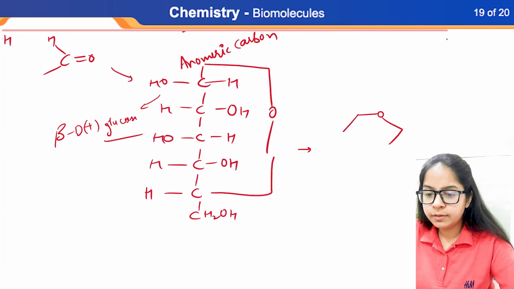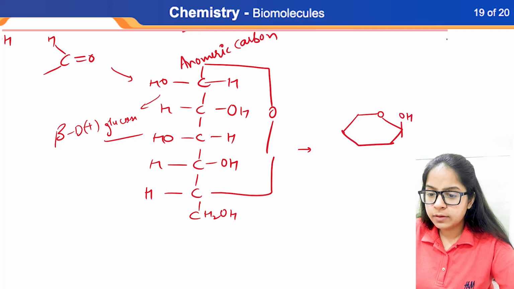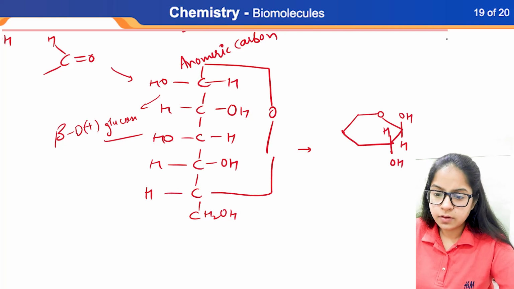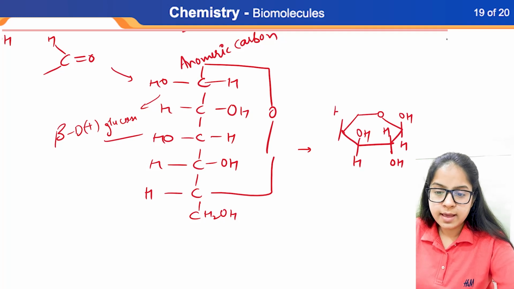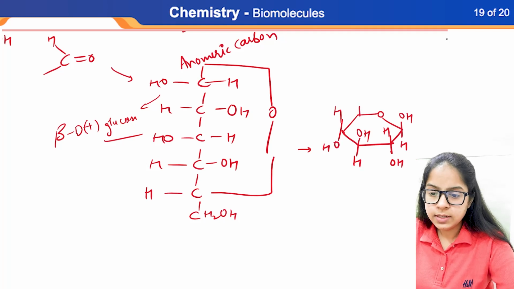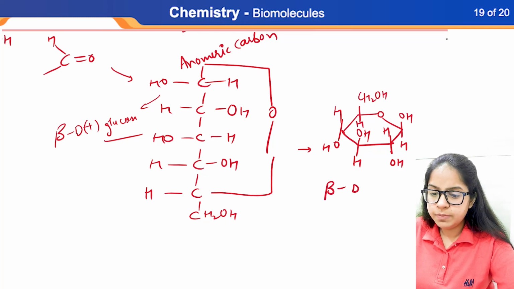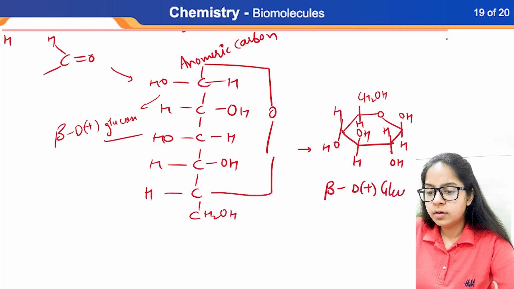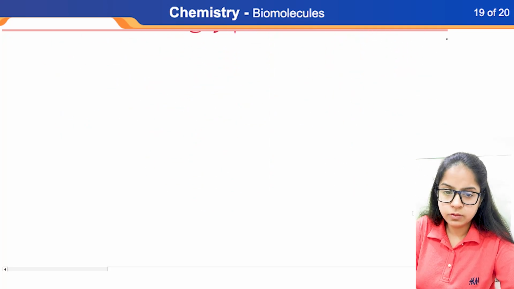Again, form the pyran ring and OH on the upside, H on the downside, H on the upside, OH on the downside, OH on the upside, H on the downside, H on the upside, OH on the downside, and CH2OH always up and H. This is beta D plus glucopyranose.